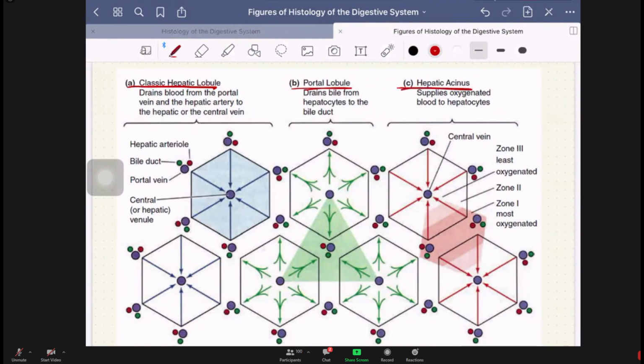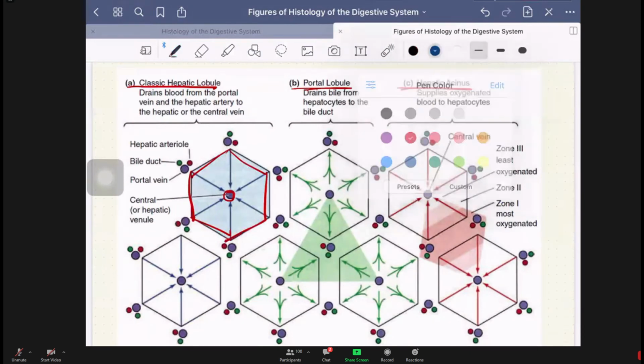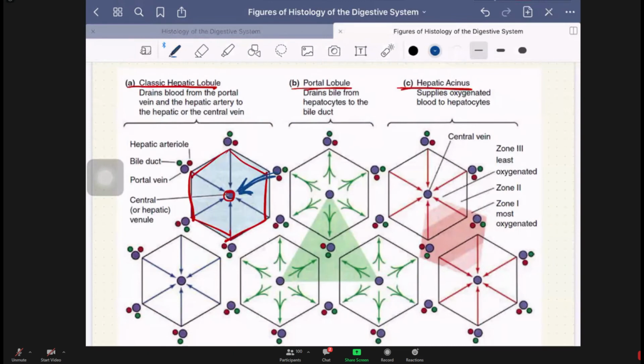The classical hepatic lobule we have already discussed: the central vein and the six portal triads. The function of this hexagonal shape structure is to drain the blood from the portal vein and the hepatic artery to the central vein. So blood will go through. This deals with blood circulation.